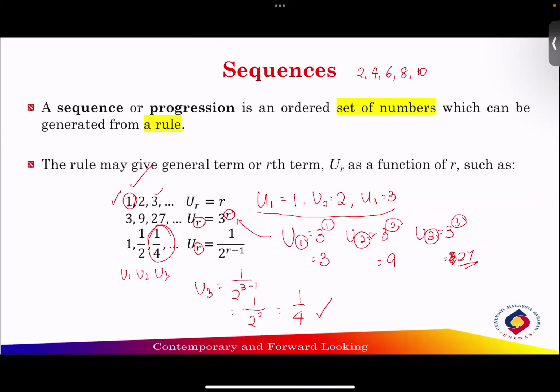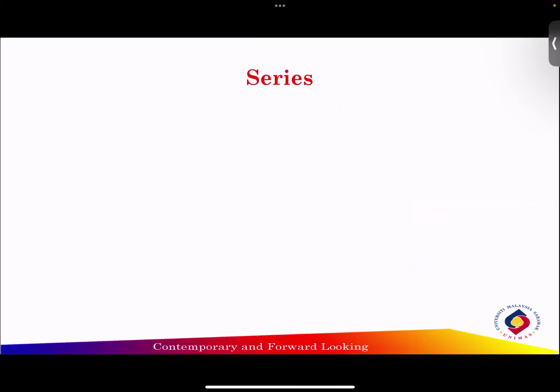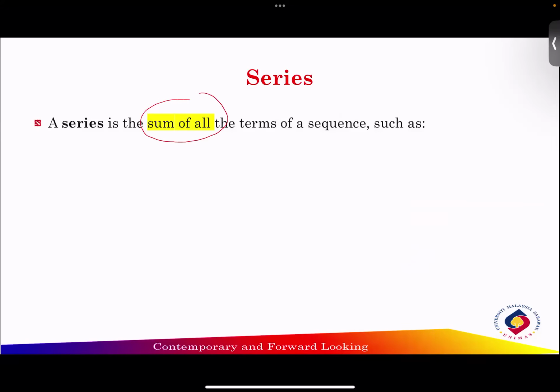And then how about series? There's a difference between sequence and series. A series is the sum, the addition of the terms of the sequence. So they actually have a relationship. As we mentioned just now, a sequence is for example 2, 4, 6, 8, 10, and so on.